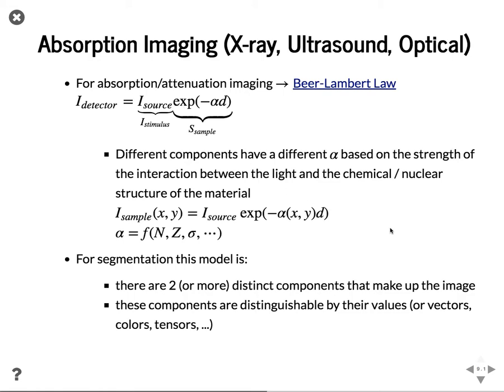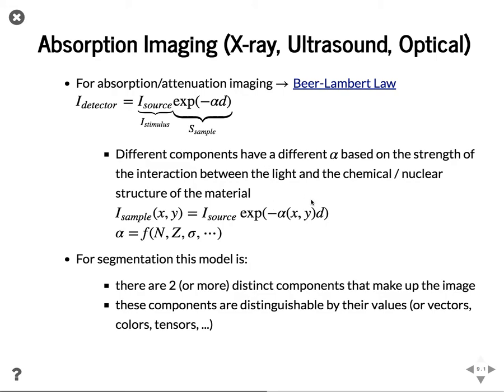So for many samples, if we're trying to segment this and there are two or more distinct components, then we would expect alpha to have two distinct values that we could associate with them, in order to decide how we're going to threshold and separate our image. That's basically what this comes down to.